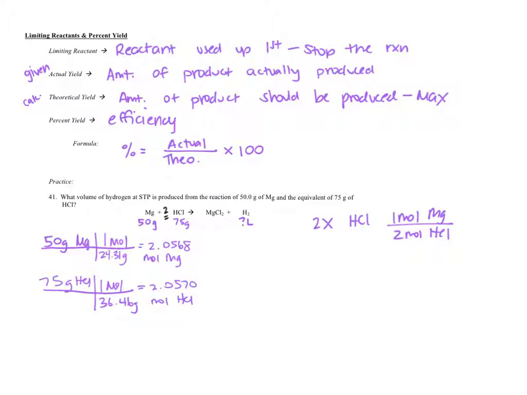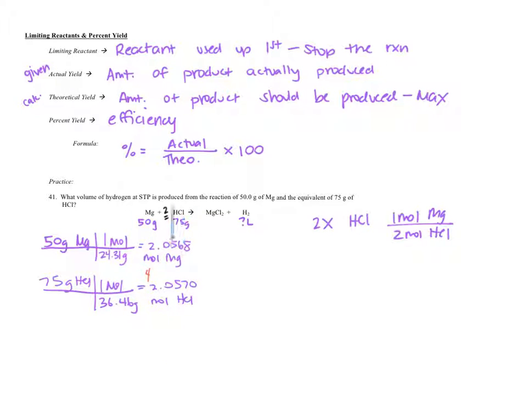So if I have 1 mole of Mg, I would need 2 moles of HCl. If I have around 2 moles of Mg, double that should be 4. So in order to have the right proportion, I should have 4 moles of HCl. I only have 2. So automatically I don't have enough HCl.